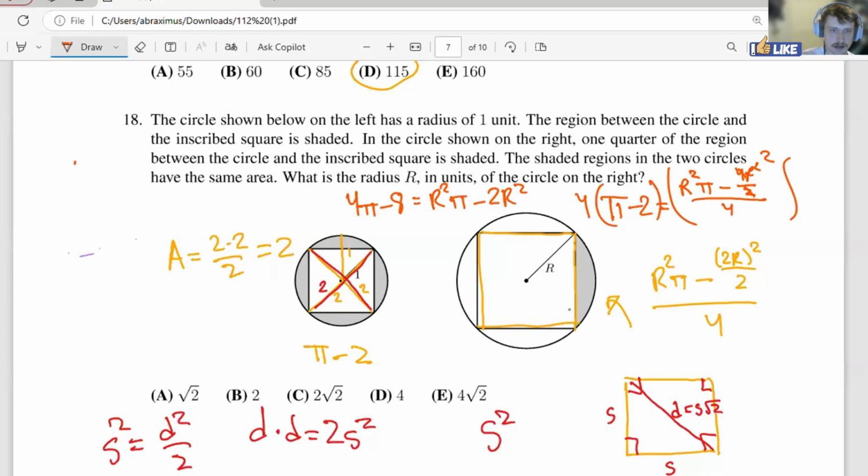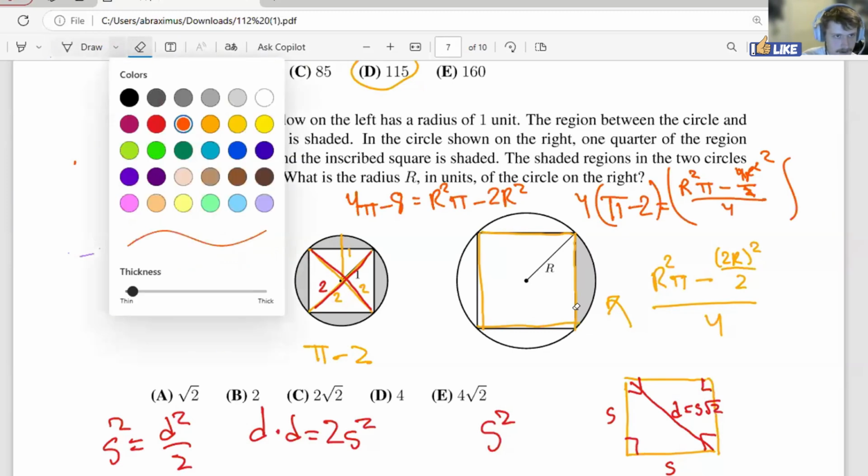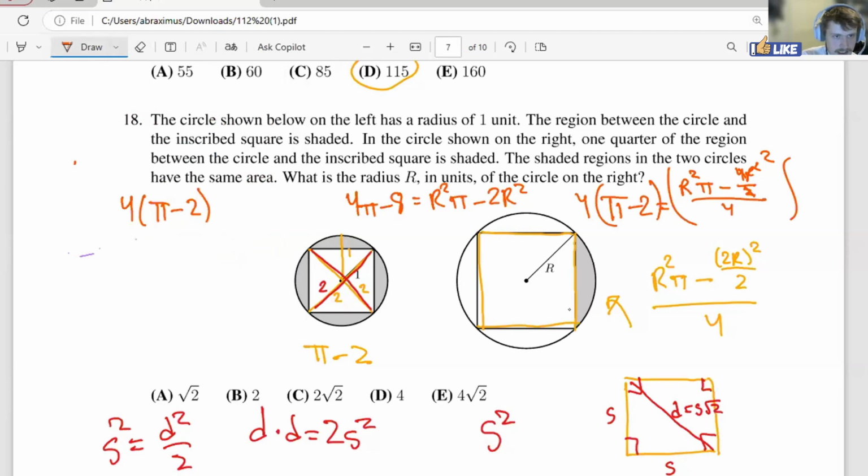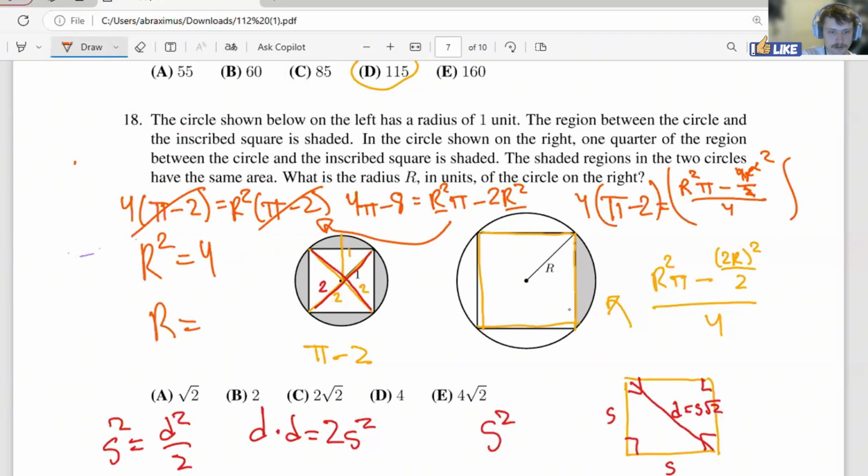If we pulled the r squared out, then I shouldn't have multiplied that 4 in. This is getting messy now. Sorry, I'm writing it not sequentially. So we have 4 times pi minus 2 is equal to r squared times pi minus 2, just by factoring out the r squareds here. And we can just cancel out the pi minus 2 from both sides to get r squared is equal to 4, or r must be 2, which is B.